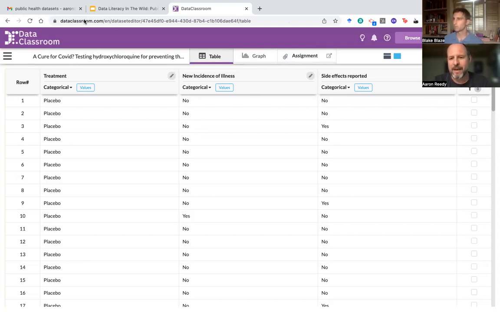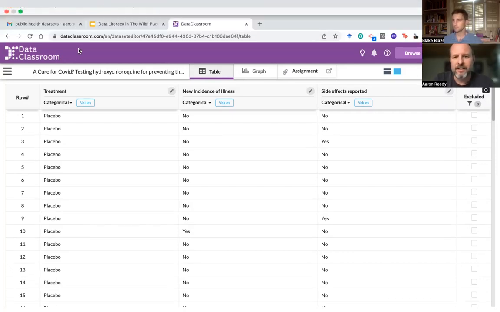And did they experience any side effects from the treatment? I remember in reading this that a pretty good breadth of side effects was included. Basically any side effects experienced were counted, and it's a binary variable, just a yes or no.